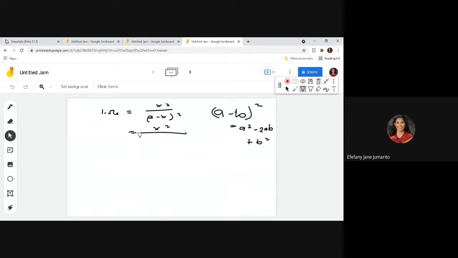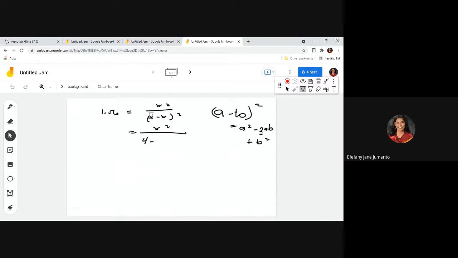Okay, because it's negative. Now, what will happen here in our denominator? This will become 4 minus 2 times AB. Look here, A squared minus 2AB.